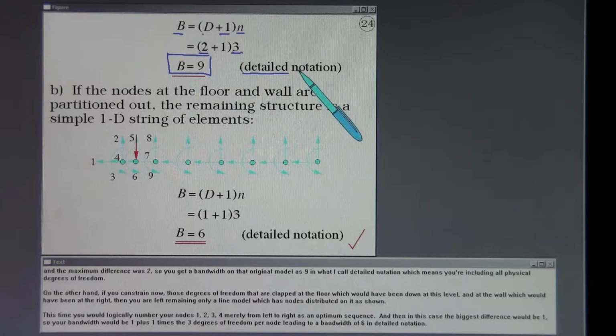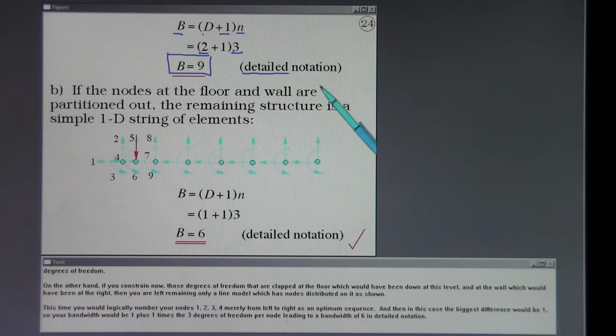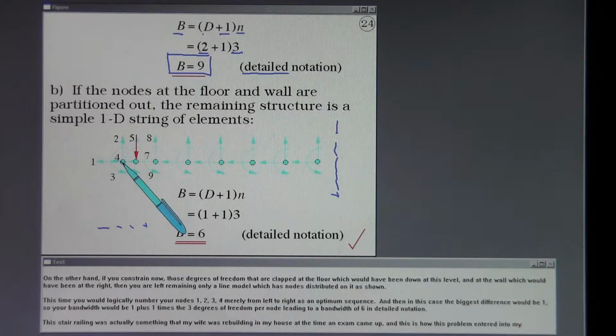in what I call detailed notation, which means you're including all physical degrees of freedom. On the other hand, if you constrain now those degrees of freedom that are clamped at the floor, which would have been down at this level, and at the wall, which would have been at the right, then you are left remaining only a line model which has nodes distributed on it as shown.